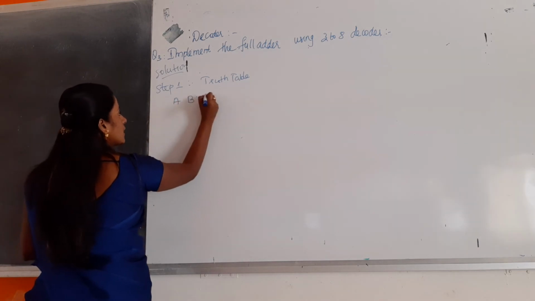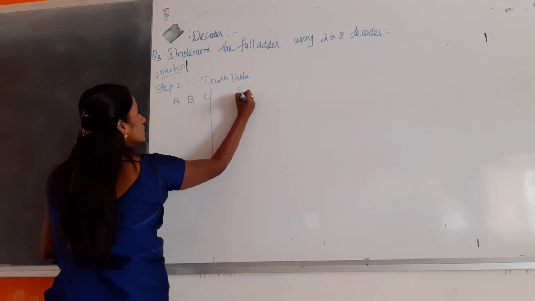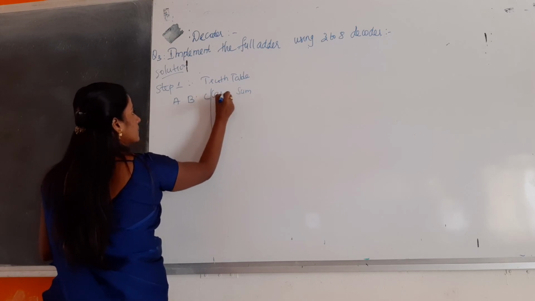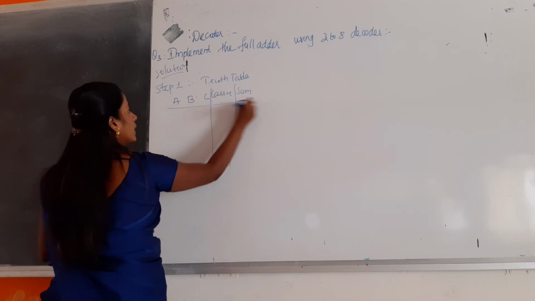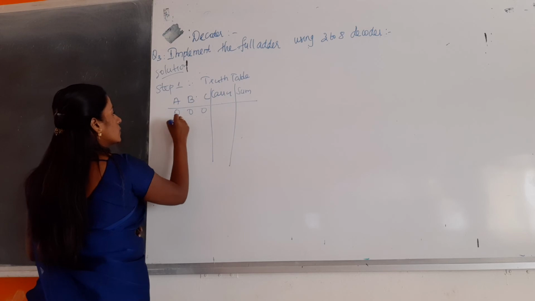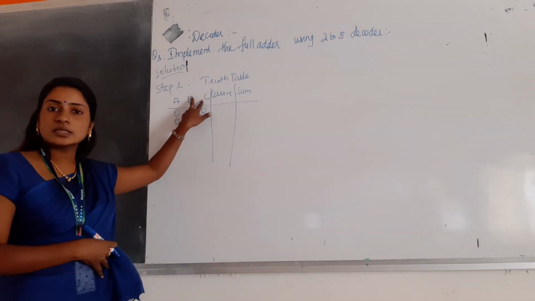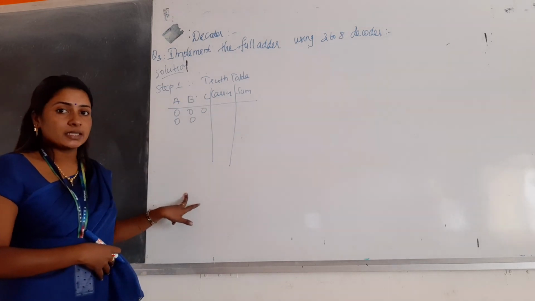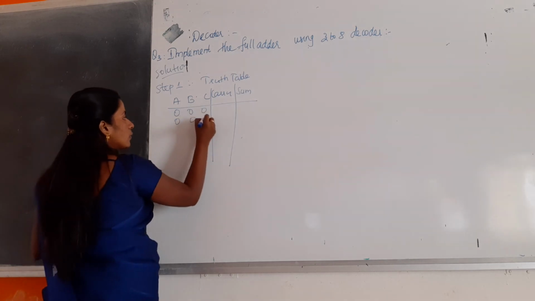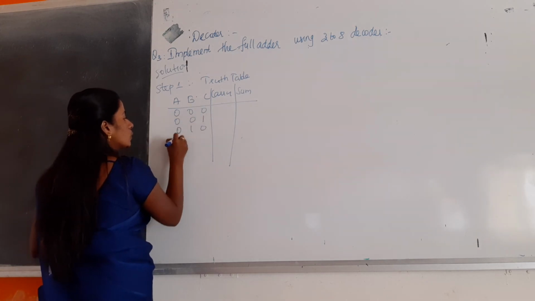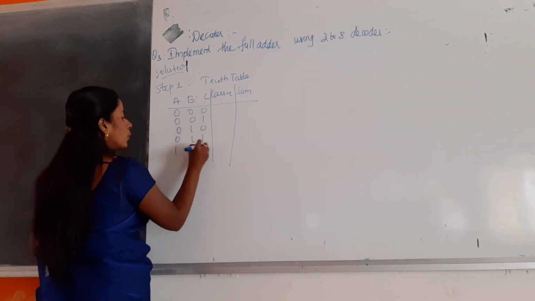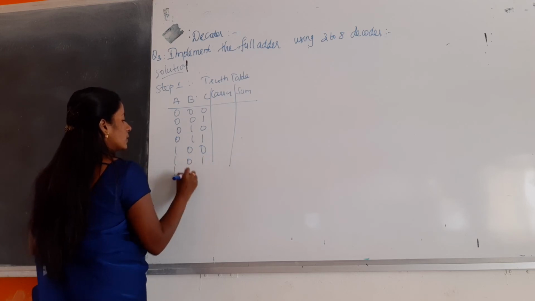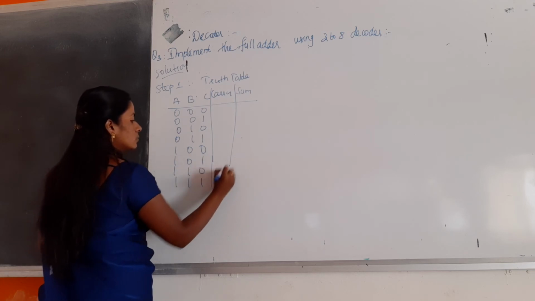Full adder means 3 inputs, sum, carry. Okay. 0, 0, 0, 0, 0, 1. If inputs are 3 variables, then 8 output combinations. 0, 1, 2, 3, 4, 5, 6, 7.